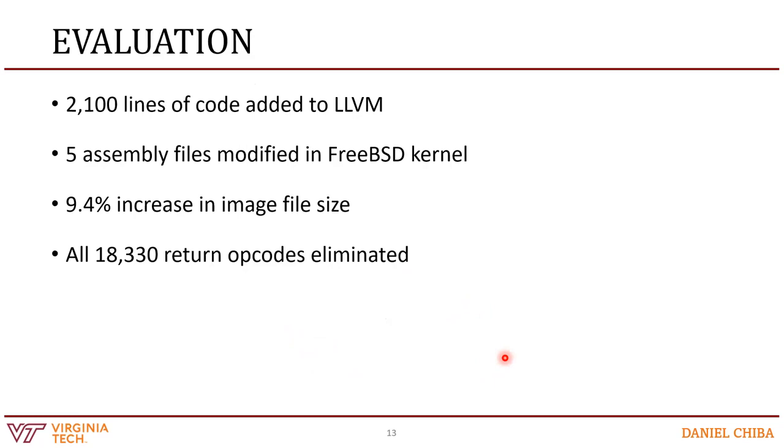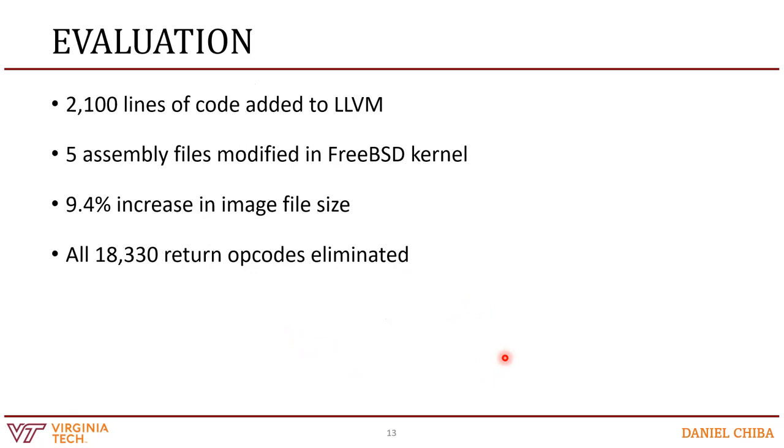Okay, so evaluation, the total of 2100 lines of code was added to LLVM. The authors intended to have minimal modifications to the kernel, and all operating system kernels are going to have some assembly files.